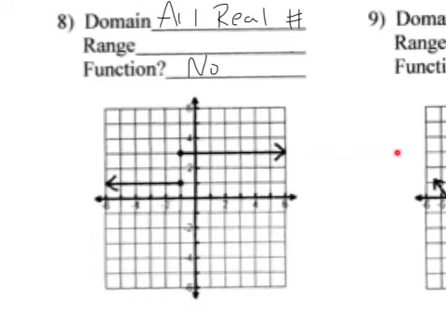So no matter what value I pick, for an x, the y value is always going to be 3. So basically I just have a set of 2 numbers. So my range is going to be when y equals 1 and when y equals 3.